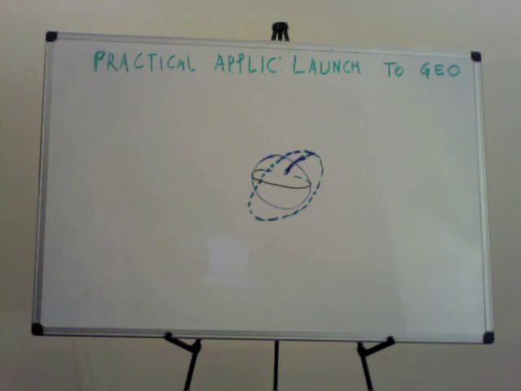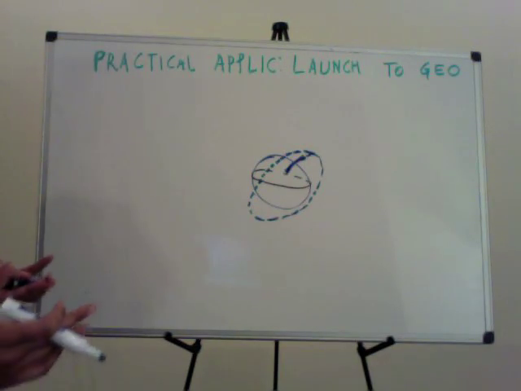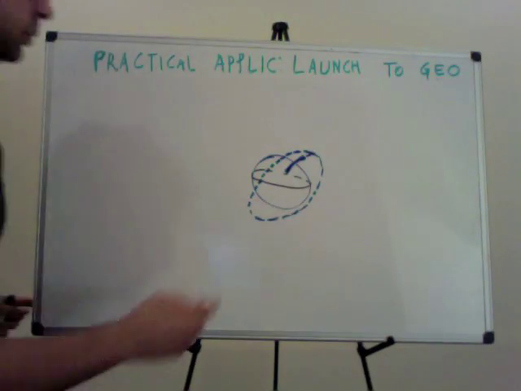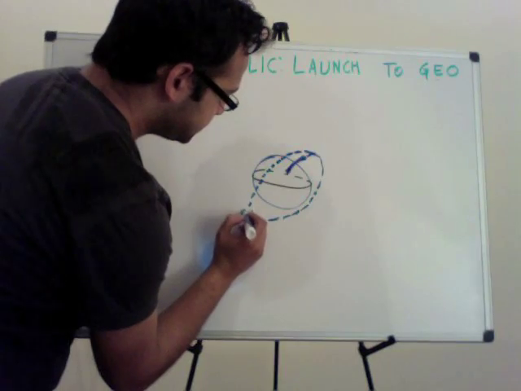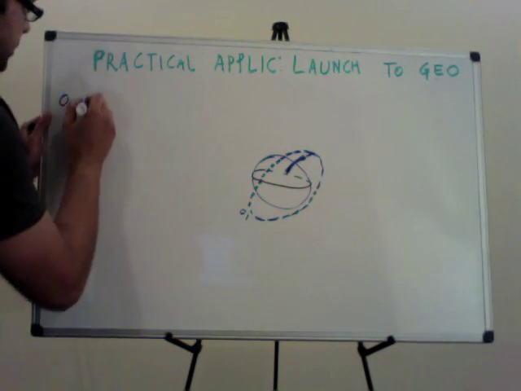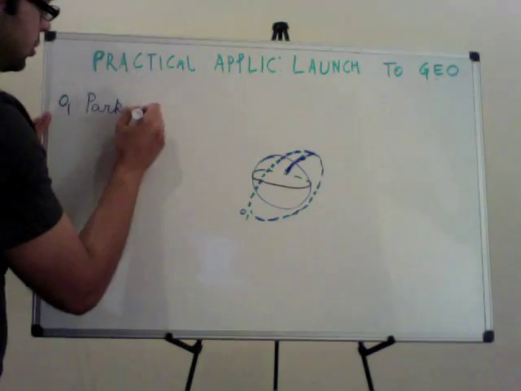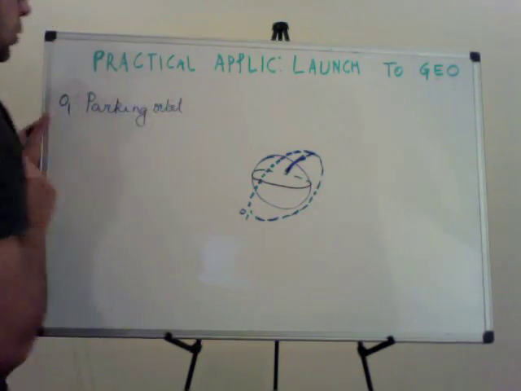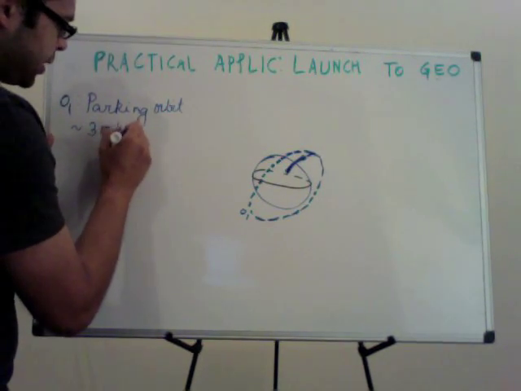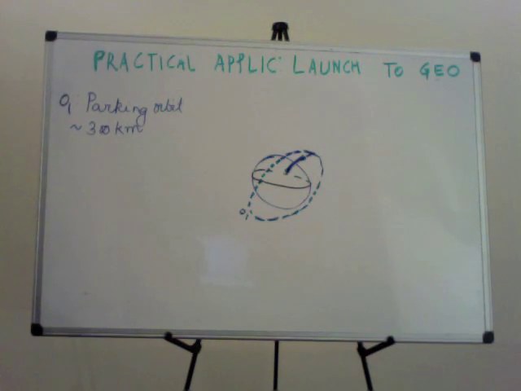So at some point, we'll need to do a plane change, because our target is to reach equatorial orbit, but right now we are not in the equatorial plane. This parking orbit I'm going to call O1. O1 is the parking orbit, and it is a circular orbit. Typically it has a radius or altitude of 300 kilometers. That's a very typical value.